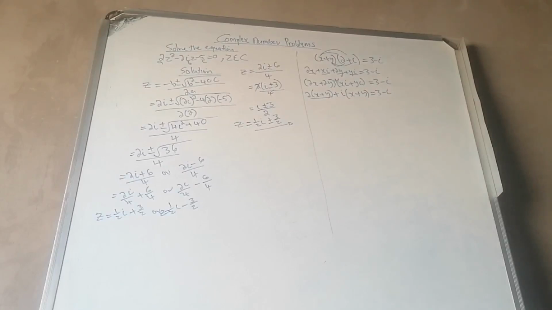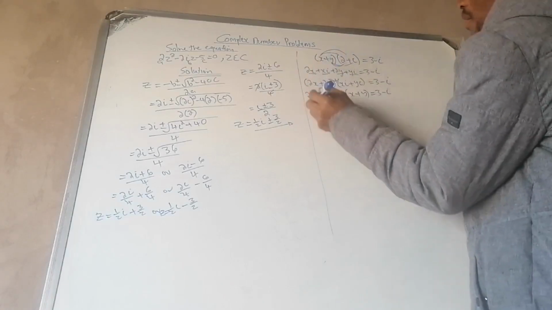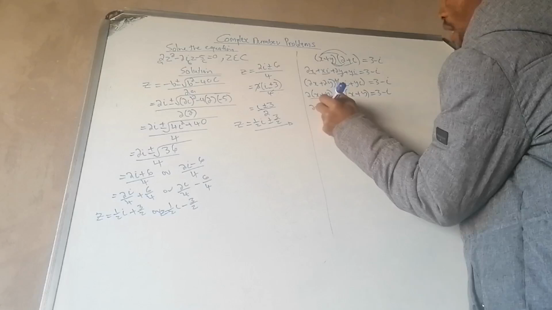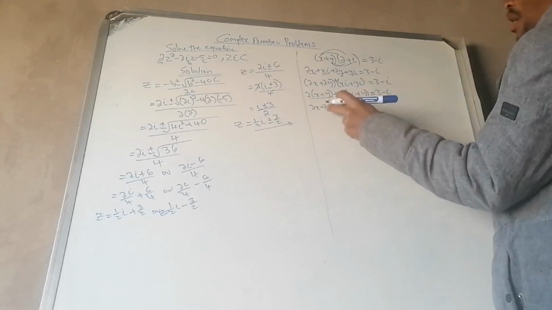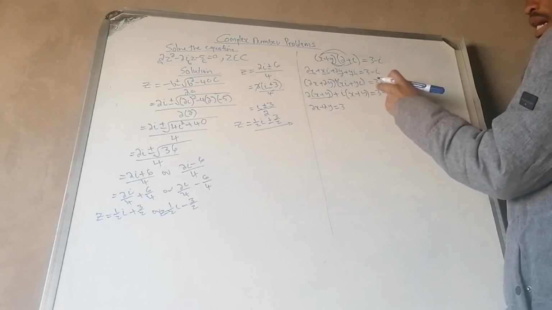Now I'm going to say, okay, 2x plus 2y is equals to 3. This is the real root on the right side.